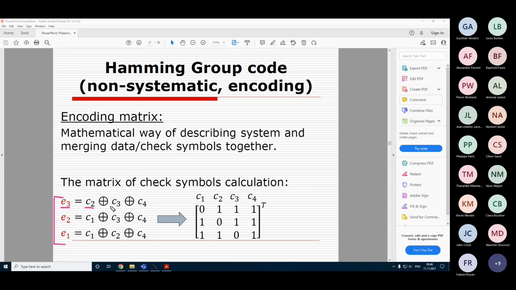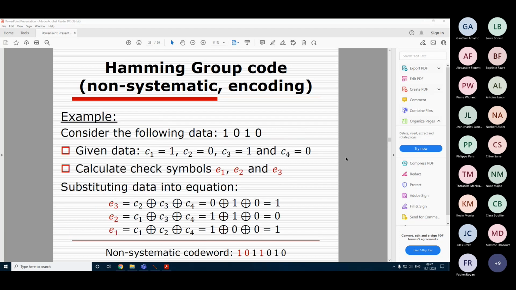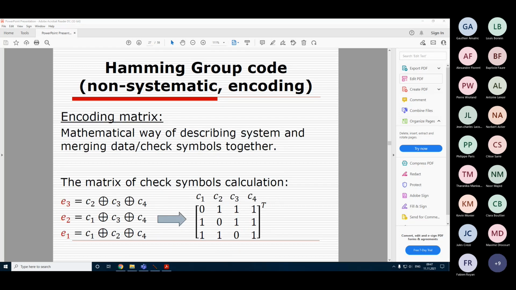So here we have these information symbols, and maybe it's better to write it in the full form.